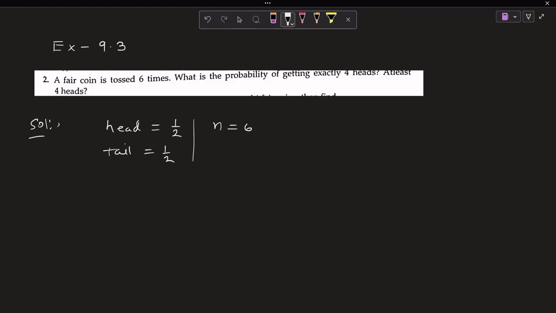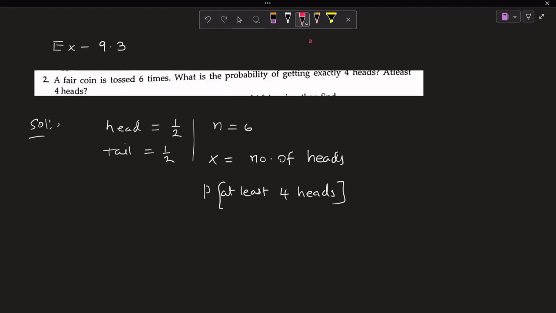The first question is, what is the probability of getting exactly 4 heads? So let us suppose x is equal to the number of heads.